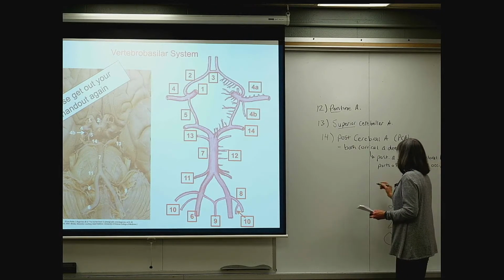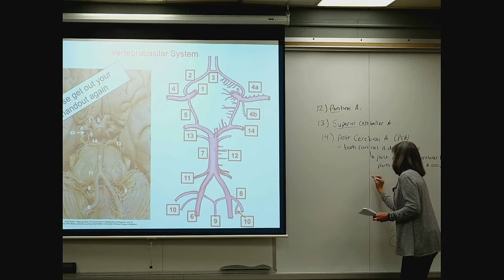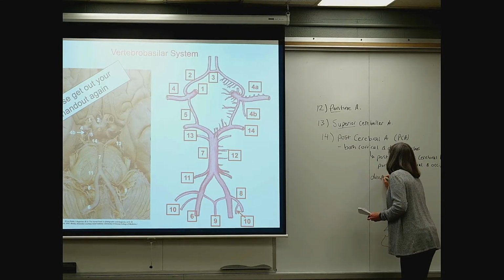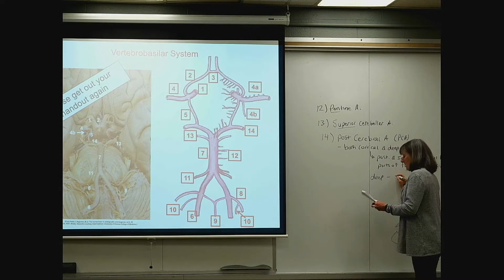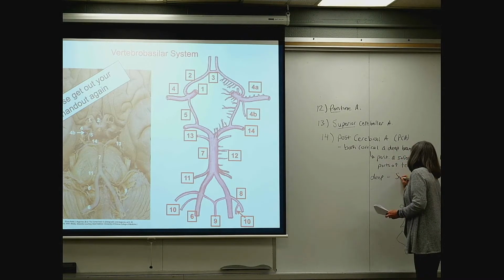And the deep branches, I'll just write it down here, the deep branches of this posterior cerebral artery are going to supply parts of the thalamus.